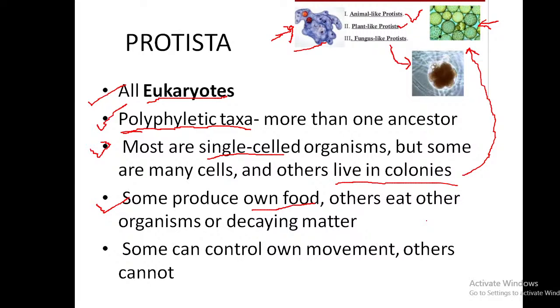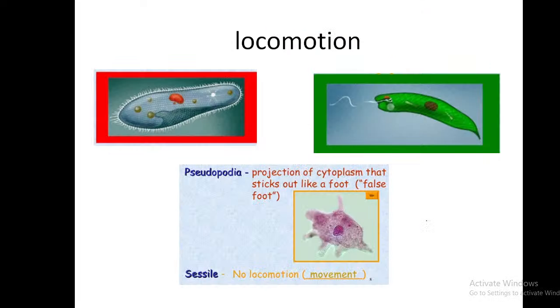Then coming to the locomotion. Some protists move, and some stay in one place without moving. That means some are sedentary. Hope you remember we learned about sessile, sedentary and all in the first class. Some are sedentary and some are moving.